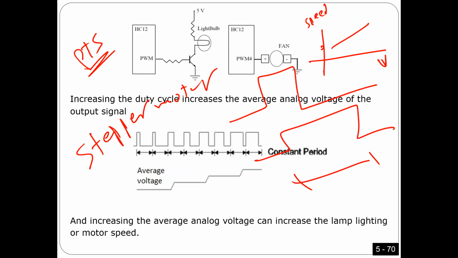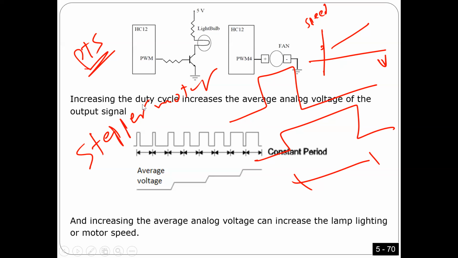Maybe some of you are not aware of what a stepper motor is. A stepper motor doesn't spin continuously. It moves step by step this way. You can use it, for example, if you want to open a gate or something like that. Anyway, here you can use pulse width modulation to run a stepper motor.